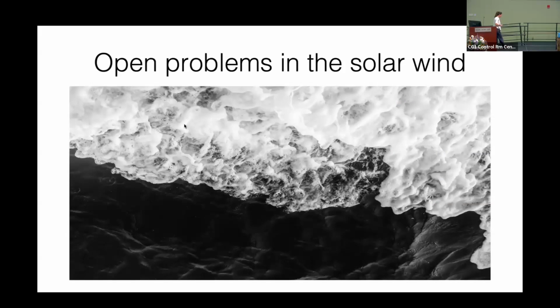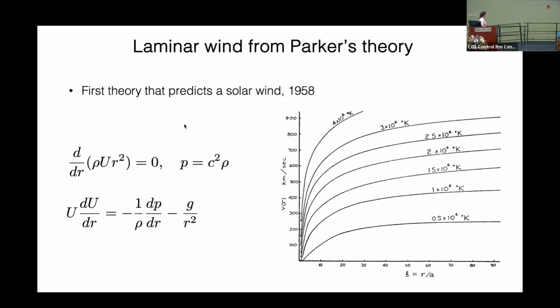So now let me tell you why we care about turbulence specifically in the solar wind. You have seen yesterday the Parker solar wind model. So this is just a quick refresh.